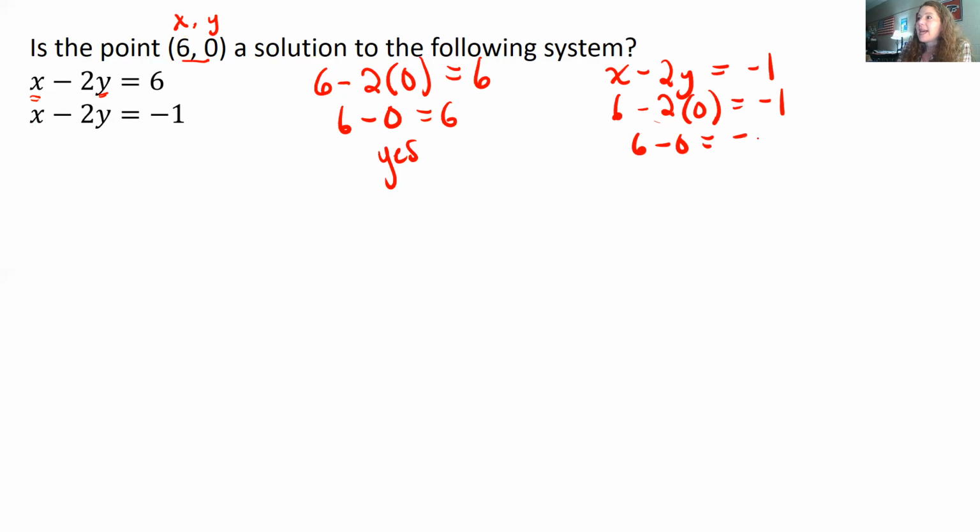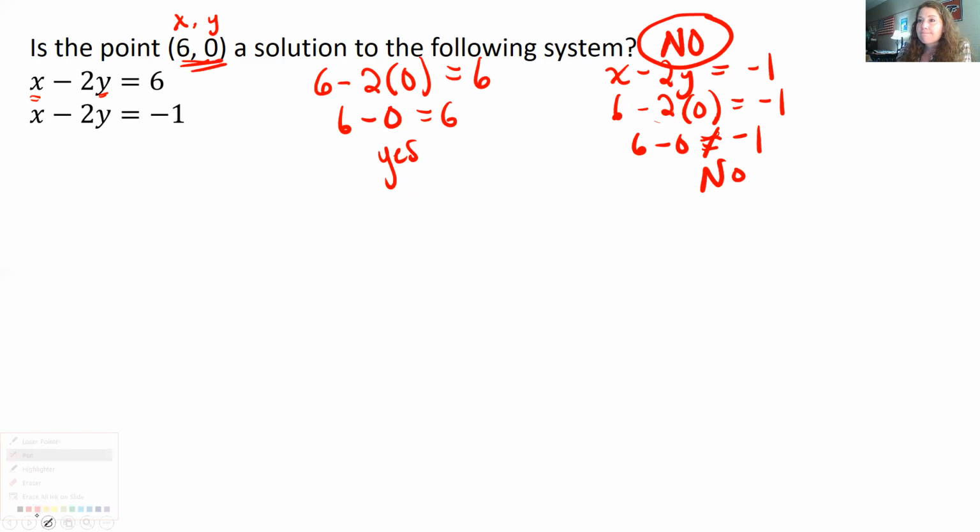Now it says that 6 minus 0 is -1. Is that true? No, it does not equal -1. That's not true. So in order for the answer to the entire question, I have to have two yeses. And since I don't have two yeses, the overall answer is no. That is not a solution to that system of equations.